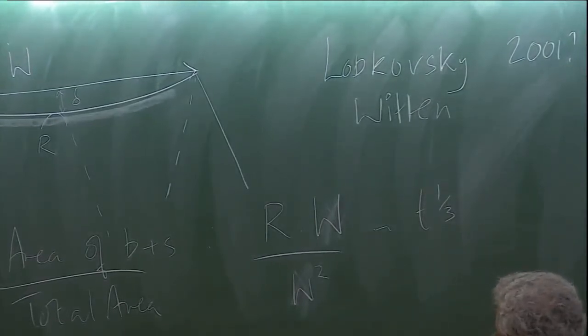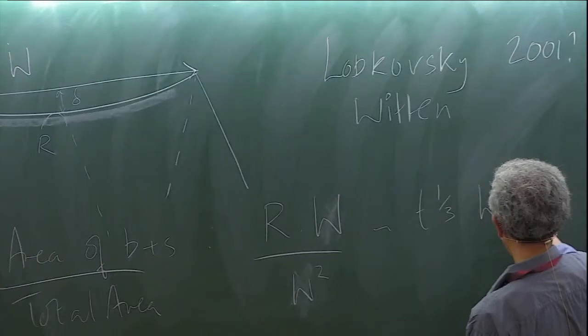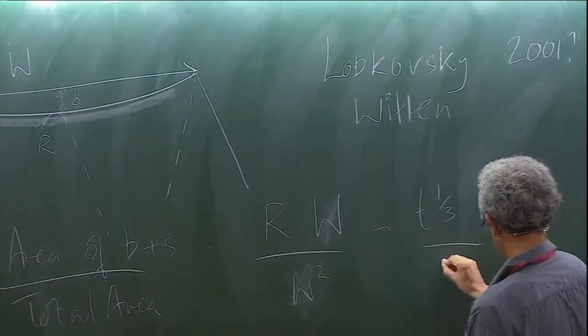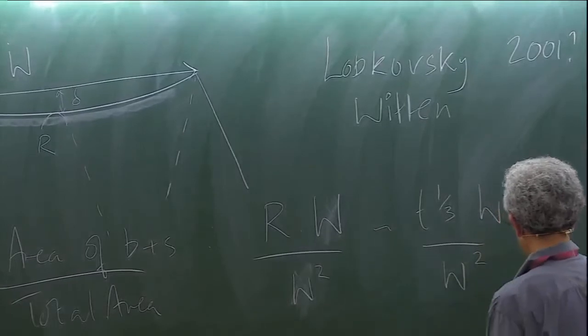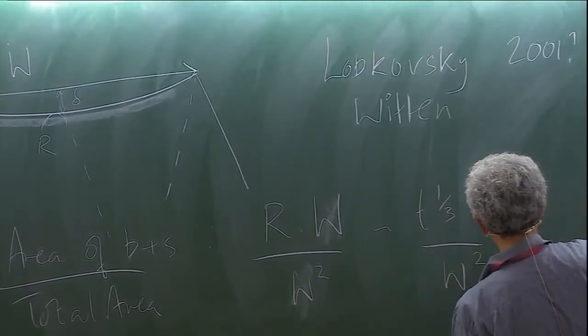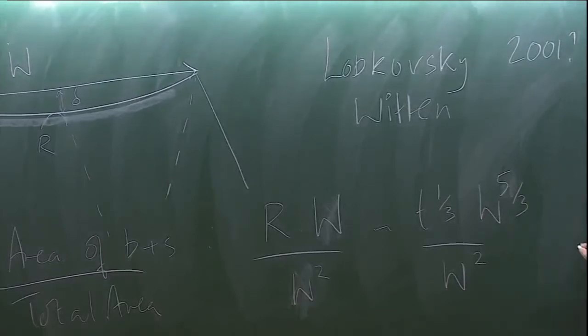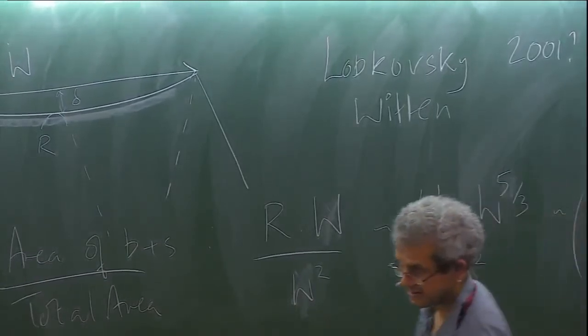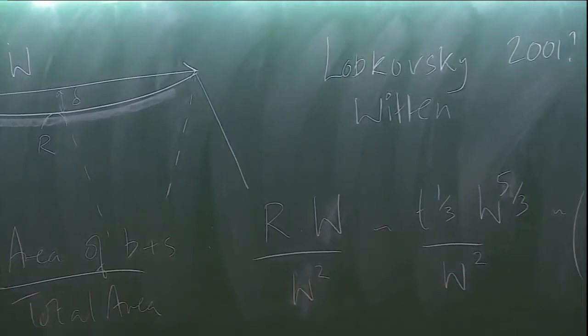Where did we go? I'm really sorry. Did I get that right? No. So this goes as thickness over width to the 3rd. So as you make a sheet thinner and thinner and thinner, the ridges occupy 0 area fraction, is the idea. Okay, so these are truly localized objects.